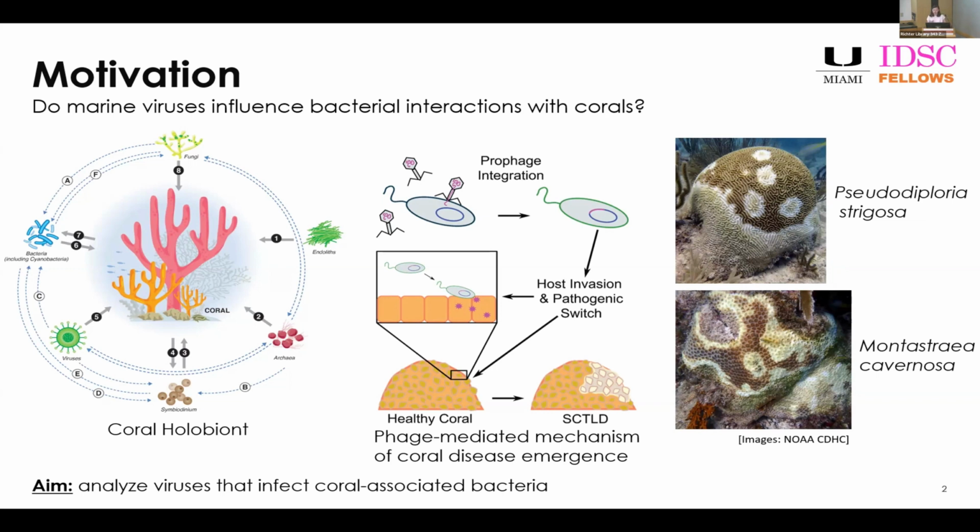We're thinking that a similar mechanism can happen in other systems such as coral reefs, where marine bacteriophages infect coral bacteria, which then express their genes, and some of these genes can be responsible for altering the bacterial phenotype, which might make the bacteria pathogenic and affect corals. In this project, I've been working with two important rebuilding corals here in Florida and throughout the Caribbean, Pseudodiploria strigosa and Montastraea cavernosa.